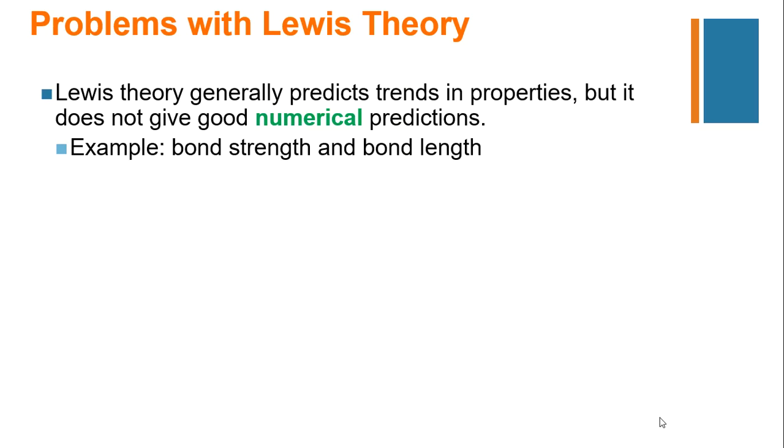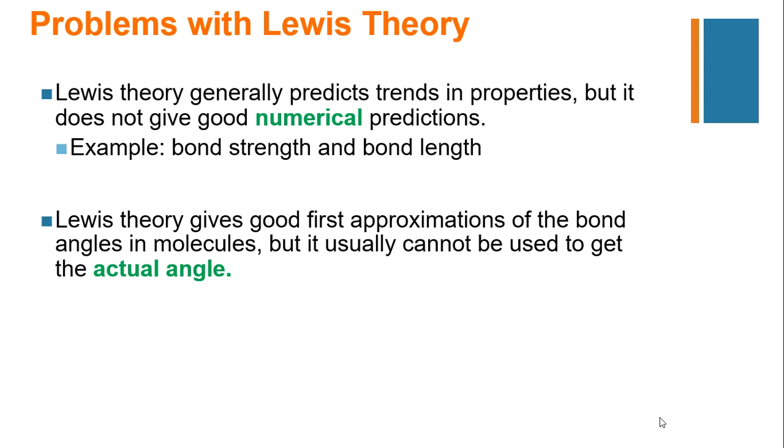So just continuing with this thought, here's some problems that we run into with this Lewis theory. The Lewis theory generally predicts the trends and properties, but does not give good numerical predictions. So if we were trying to predict bond length and bond strength, or bond angles, for example, the Lewis theory just doesn't give us these kinds of numerical predictions that we as scientists really do enjoy, those numbers.